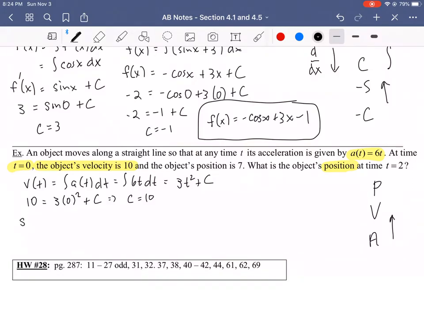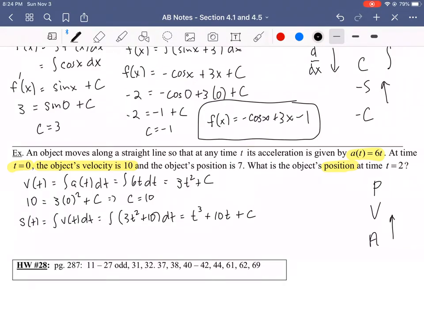And so now to find the position, we're going to take the antiderivative of the velocity, which is going to equal the antiderivative of 3t squared plus 10 dt. And so this will equal, increase the exponent by 1, it becomes a 3, and then divide by 3 cancels the 3 that's there, so it becomes t cubed plus 10t plus c.